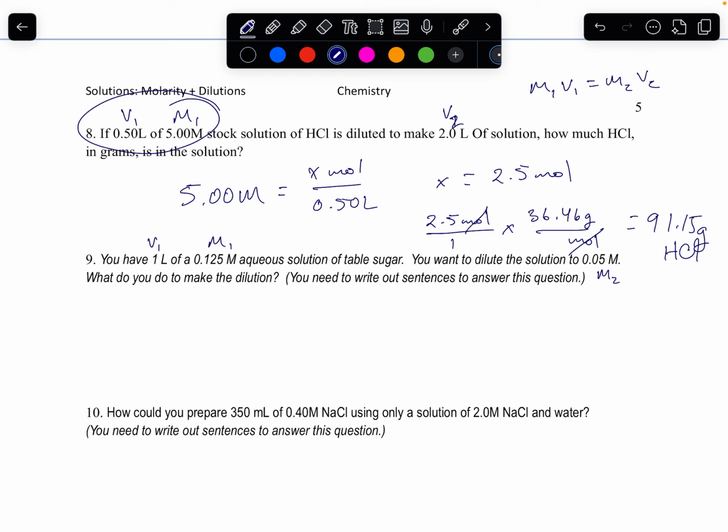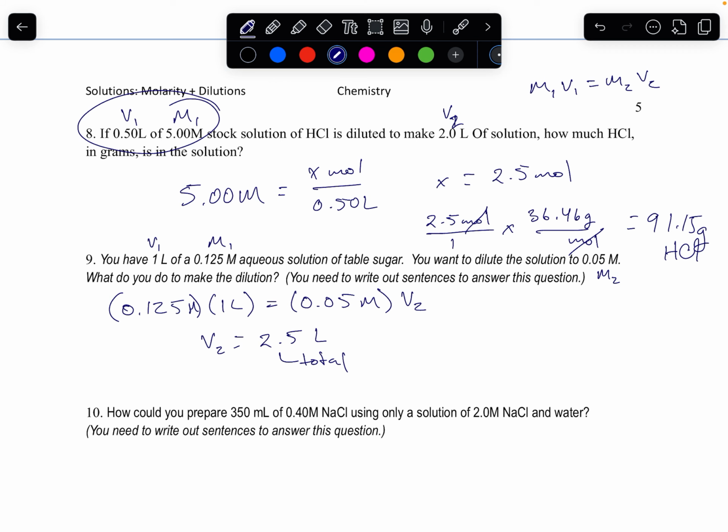So we can use M1V1 equals M2V2. So 0.125 molar times 1 liter equals 0.05 molar times V2. V2 comes out to be 2.5 liters, so this is the total amount.